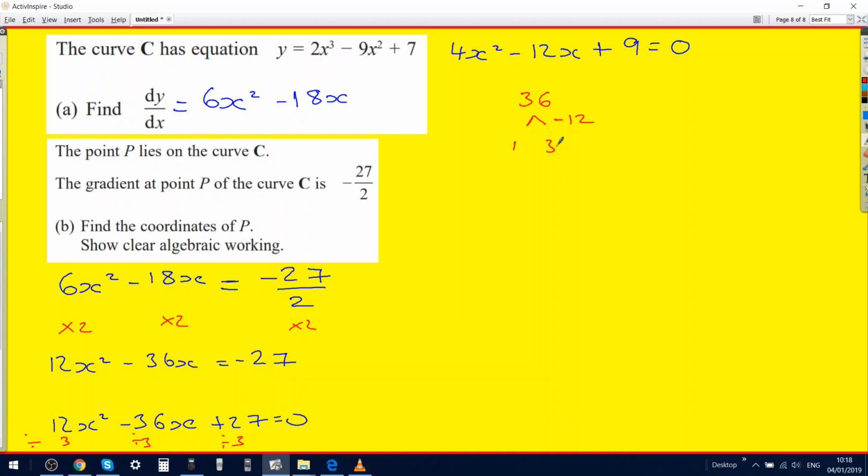So just do them. 3 and 12. Okay. That works.